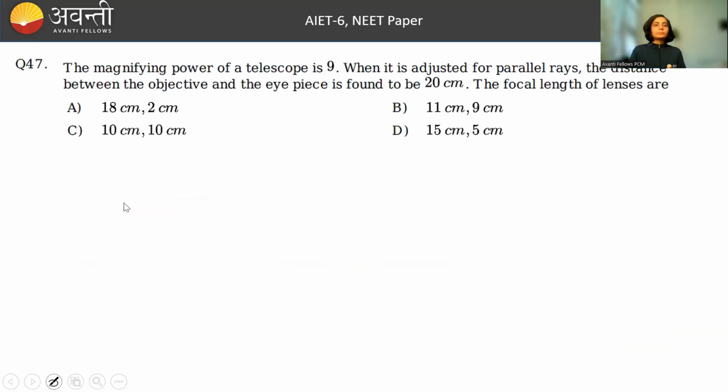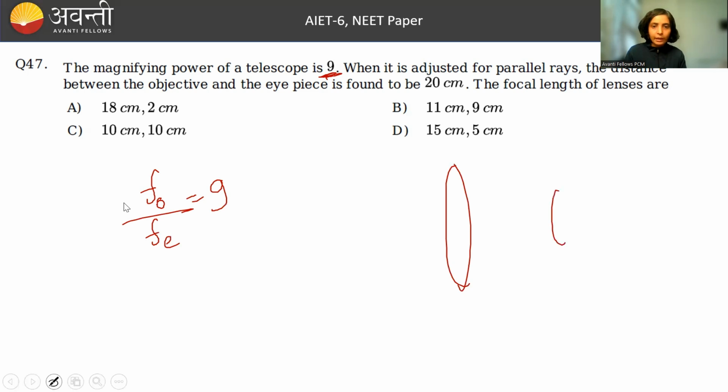Okay. Now the magnifying power of a telescope is 9. Now for a telescope, magnifying power 9 means focal length of its objective by focal length of its eyepiece is equal to 9. When it is adjusted for parallel rays, now draw it. This is objective, this is eyepiece, and it is adjusted for parallel rays.